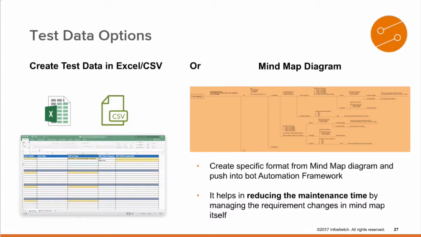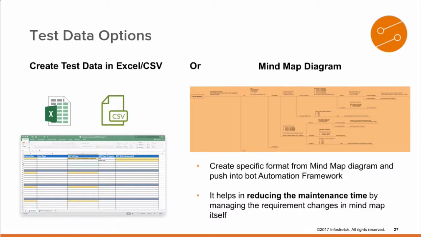You can either use plain Excel, as it shows on the left-hand side, or you can create mind map diagrams, which can then be processed and converted to JSON format, for example, and then be fed into an automation tool. The important thing to remember here is that the time between creating these files for testing and actually testing should be minimized and automated as much as possible.